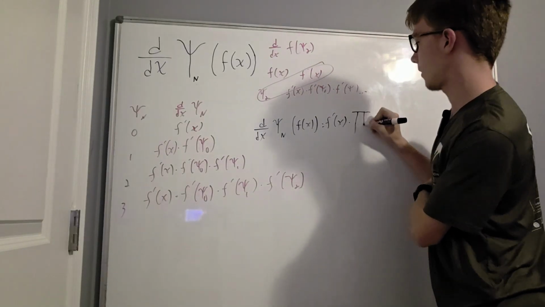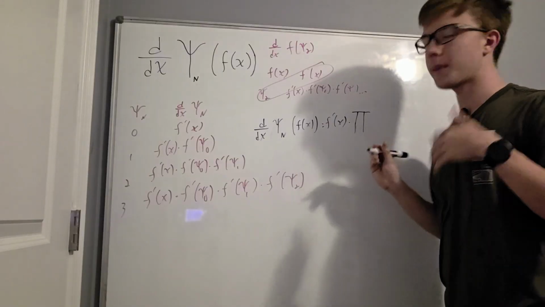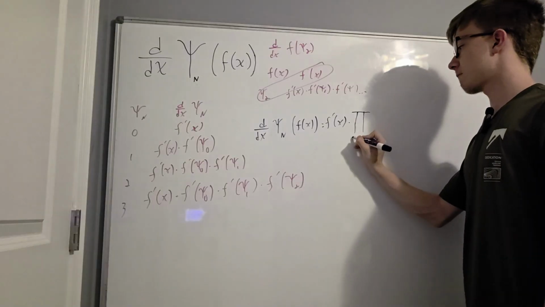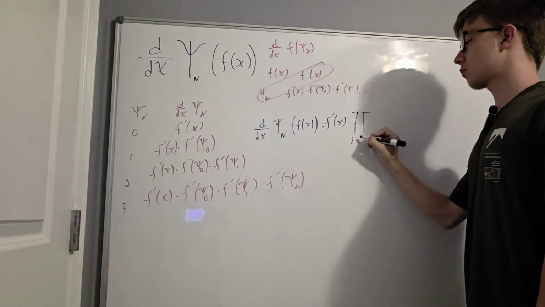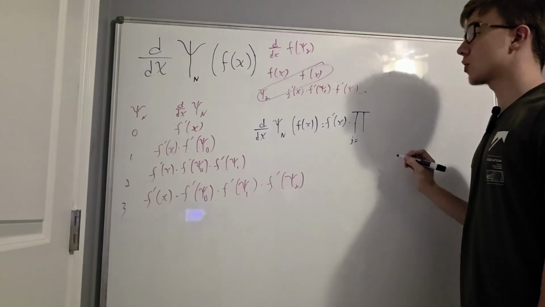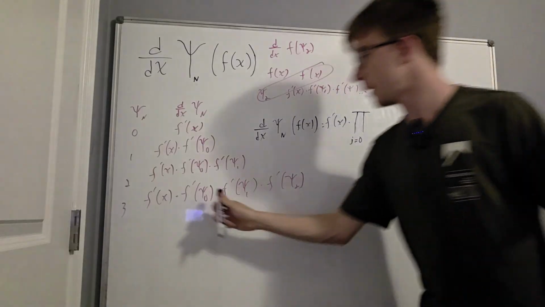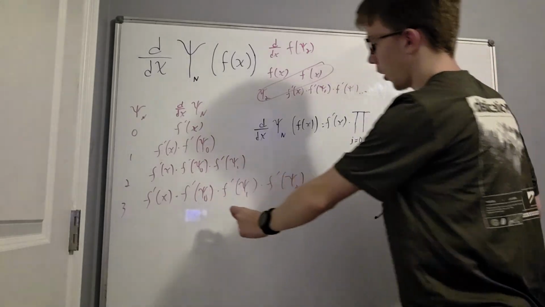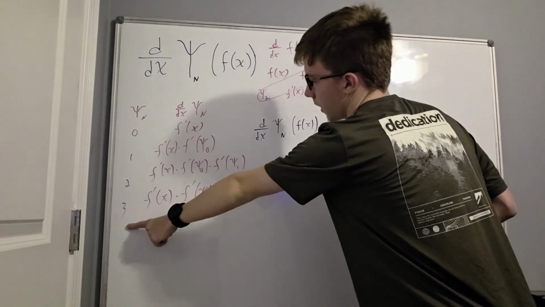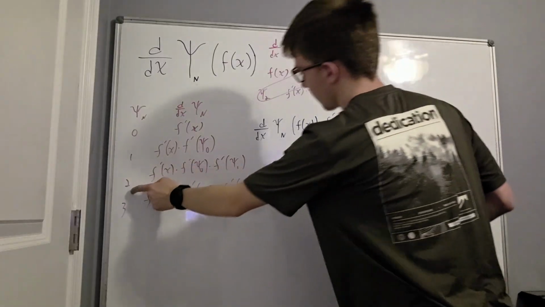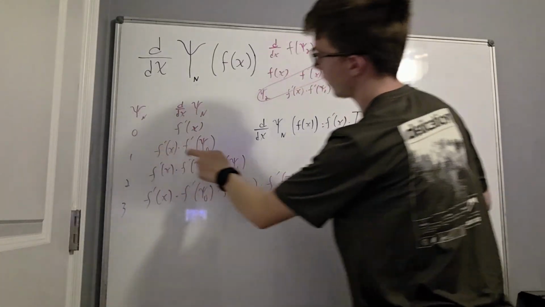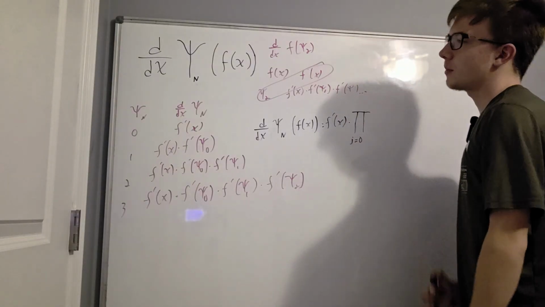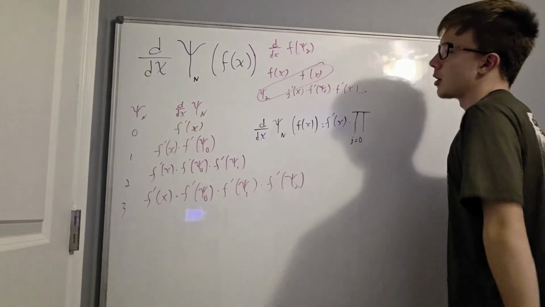This is the pi notation for products. And for my counter, I'm just going to choose j because it's traditional. J is going to start at 0 because look, we have psi 0, psi 1, psi 2. And if you notice, for our third composition, it's psi 2. For our second composition, it's psi 1. 1 goes to 0. And we don't really care about the derivative of a function itself right here because we don't need this.